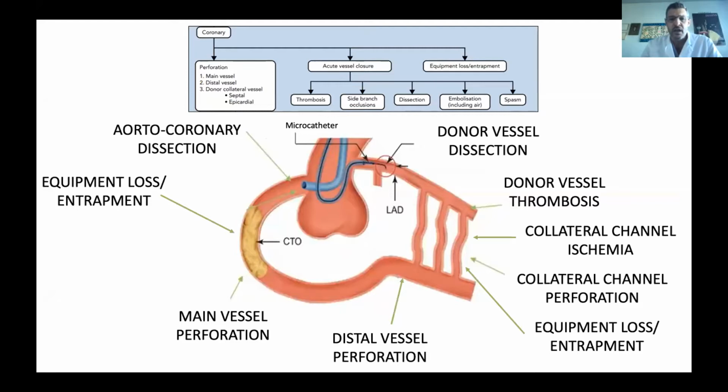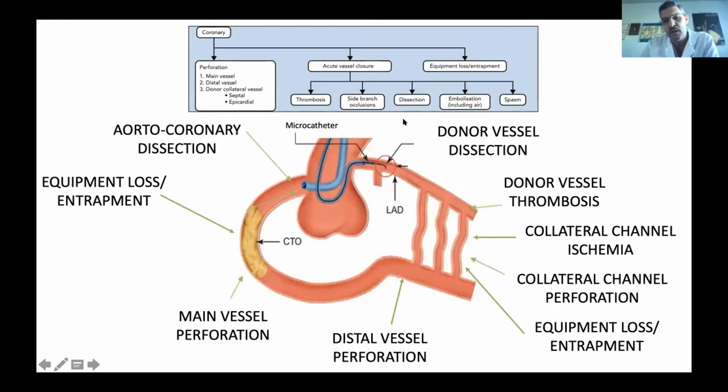Of course, it's very important to keep in mind that some of these complications are also related to the different kinds of approach that we can decide to use. We can have some complications related to the antegrade approach, such as aortocoronary dissection, equipment loss or entrapment, main vessel perforation, or distal vessel perforation.